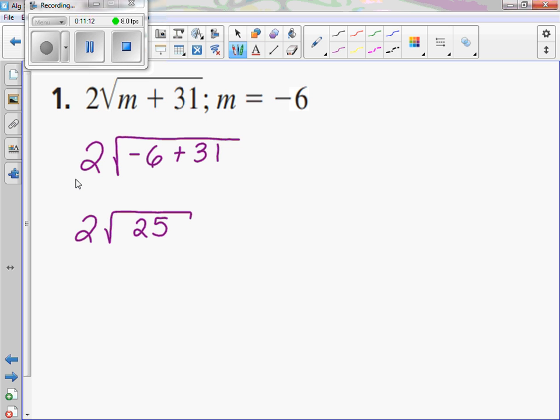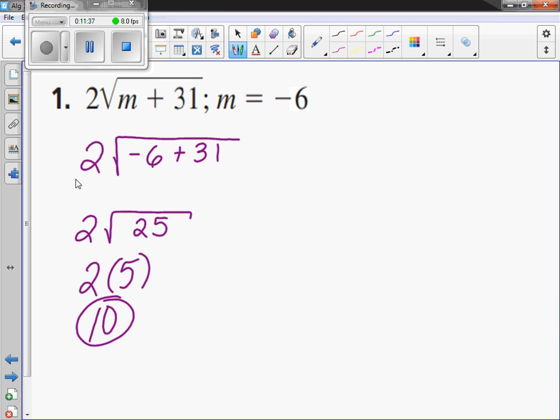I'm guessing some of y'all already got the answer or are getting close. Okay, so you did the square root of negative 6 plus 31? Yeah, the square root of 25 is 5. And last but not least, we do 2 times 5, which is 10.